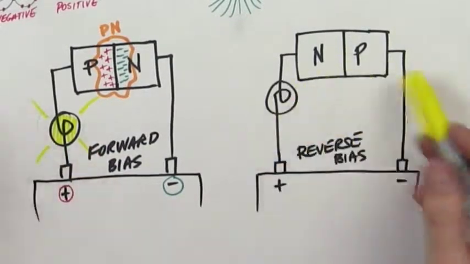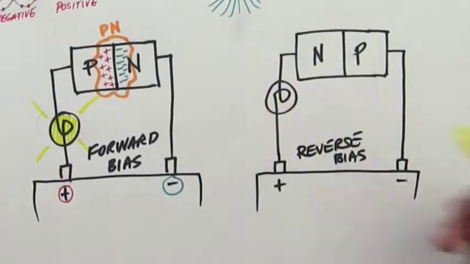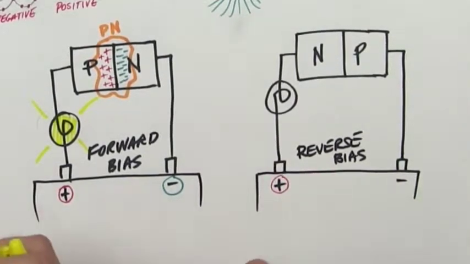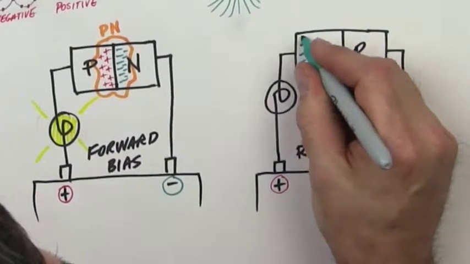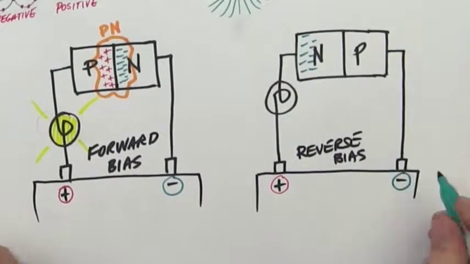Okay? So, the obvious answer to what happens if we flip it around into reverse bias is, well, the light doesn't come on. Why? Because, very simple, these pluses right here pull these minuses, and they pull them away. And these negatives pull these positives away.